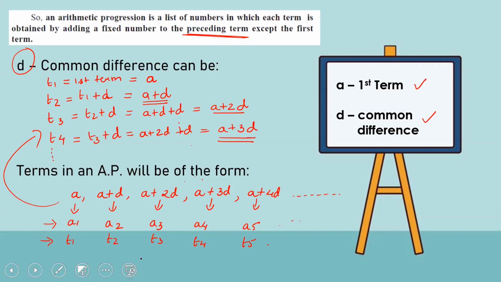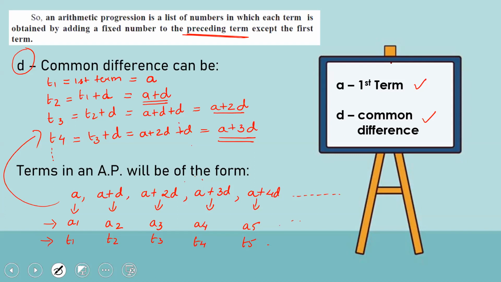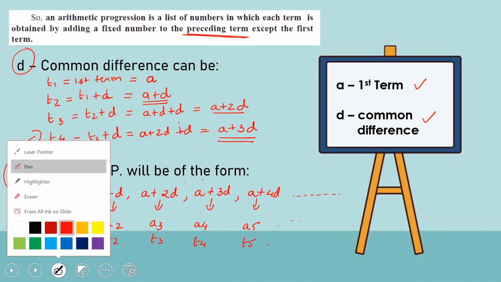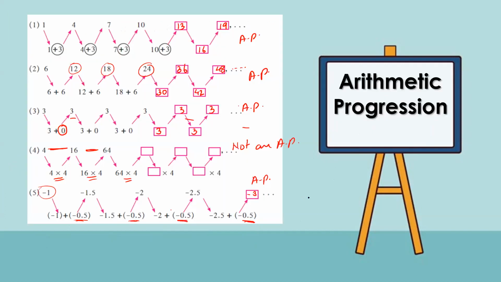Okay. Now, there are certain characteristics of D. As we saw initially, characteristics of D: D can be a positive number, right? D can be a negative number. We saw in that example, here D was negative.